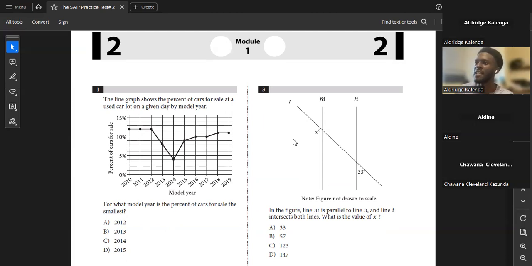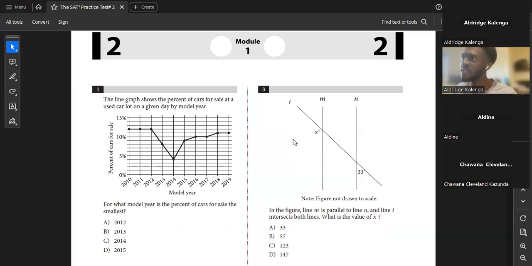Does anyone have any different answer choice on that particular question? Let me get my papers and my calculators. We're ready to do some math with you guys today. Does anyone have any different answer choice? Auden, do you want to explain to everyone why the answer is C? I agree with you.